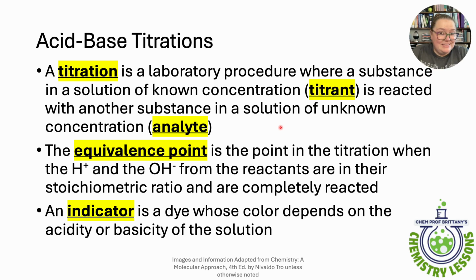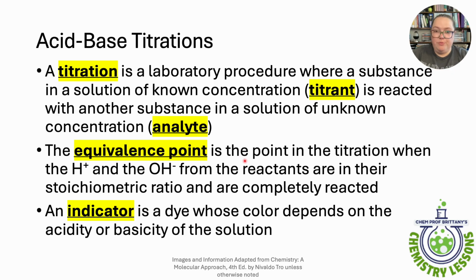So what happens is we have this reaction happening, and we use an indicator, which is a dye that changes color dependent upon the pH of the solution that we have. So depending on what acids and bases you're using, you'll want to use a specific pH indicator. But the idea is that it will change color when we reach the equivalence point.